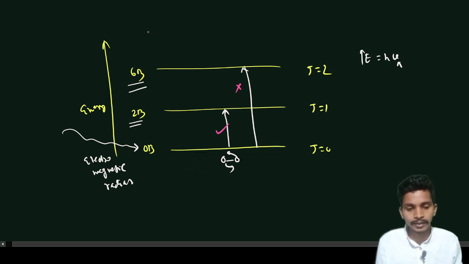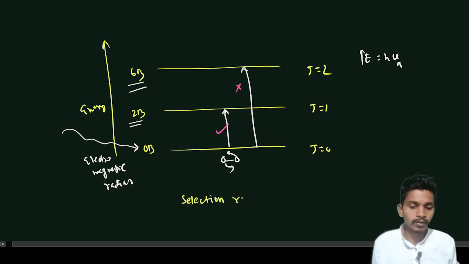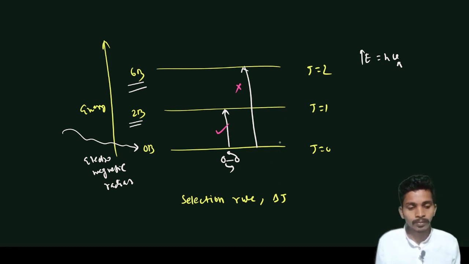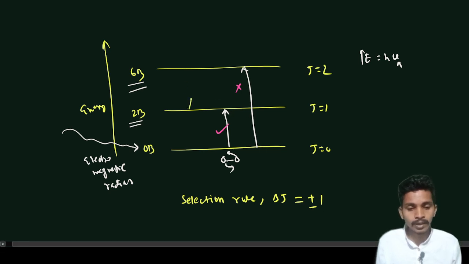What I see here is that this J value condition is called the selection rule. What it says is that delta J, from initial to final, has to be plus or minus 1, meaning the transition occurs either from here, or to here, or from here to here.